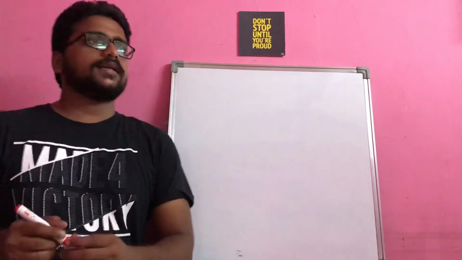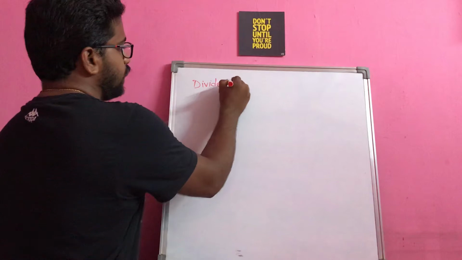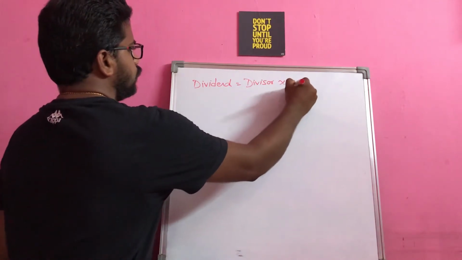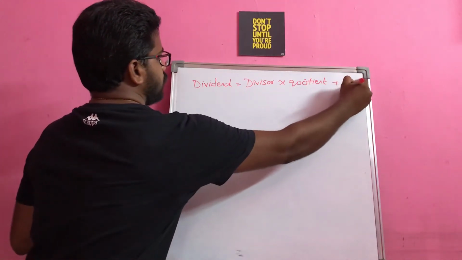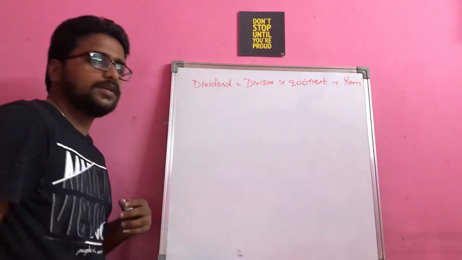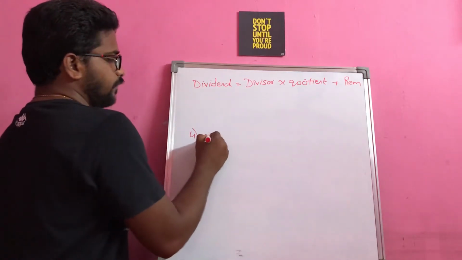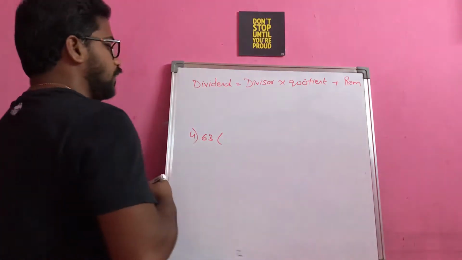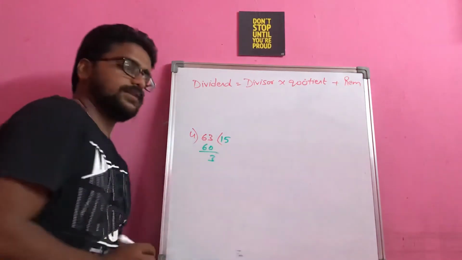As we know, the division algorithm says dividend is equal to divisor into quotient plus remainder. This part we are aware of. For example, 63 divided by 4: 4 fifteens are 60 and then 3 will be the balance, right?